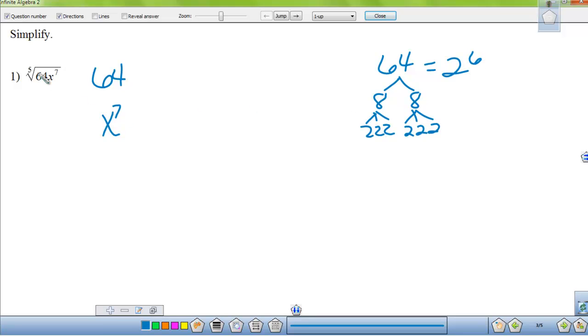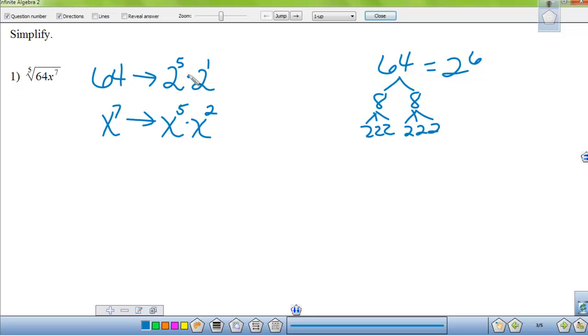Because I'm looking for the fifth root, instead of writing 2 to the 6th, I'm going to write this as 2 to the 5th times 2 to the 1st. And as you can see, this is equivalent to 2 to the 6th. I'm going to do the same thing with this x to the 7th. I can break this up into 2 pieces, one being x to the 5th and the other one being x squared. And now let's pull these back underneath the radical symbol.